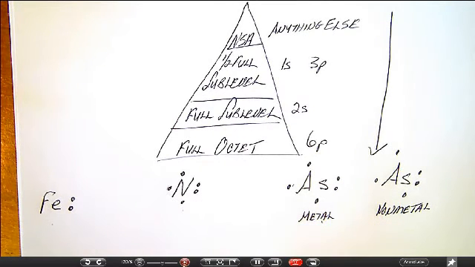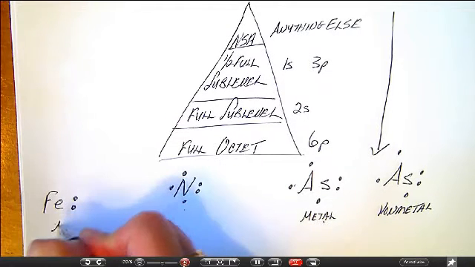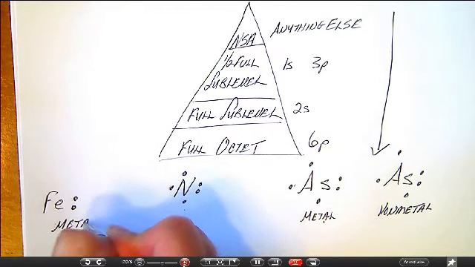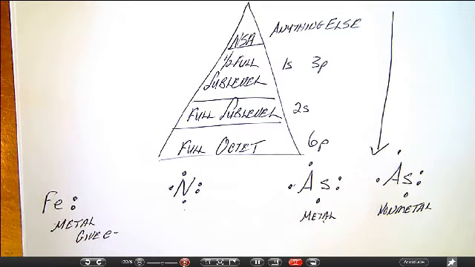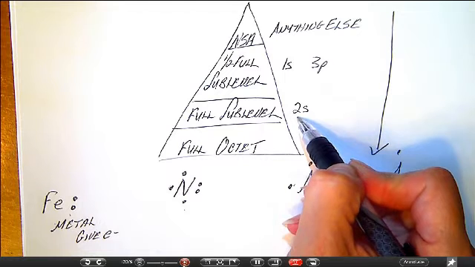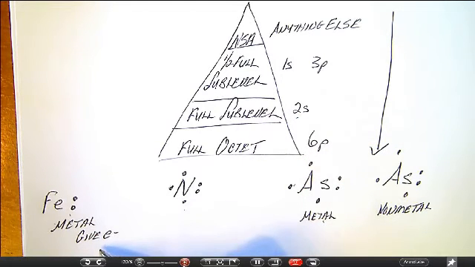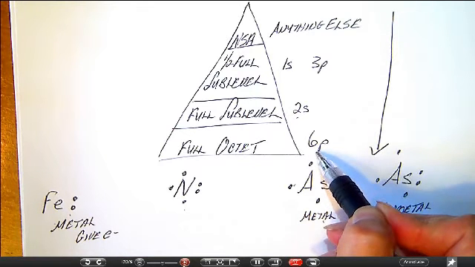So we'll start with iron. Iron is a metal. All metals give electrons. We have 2 s's, which means we are already at a full sublevel. We're going to give electrons away one by one until we get to a full octet.